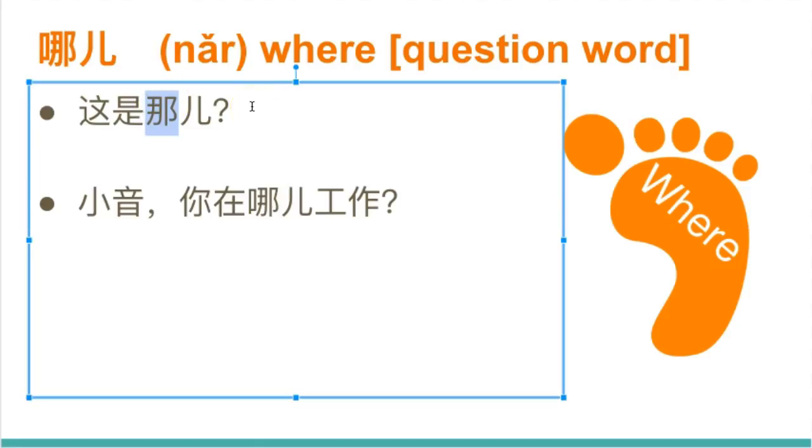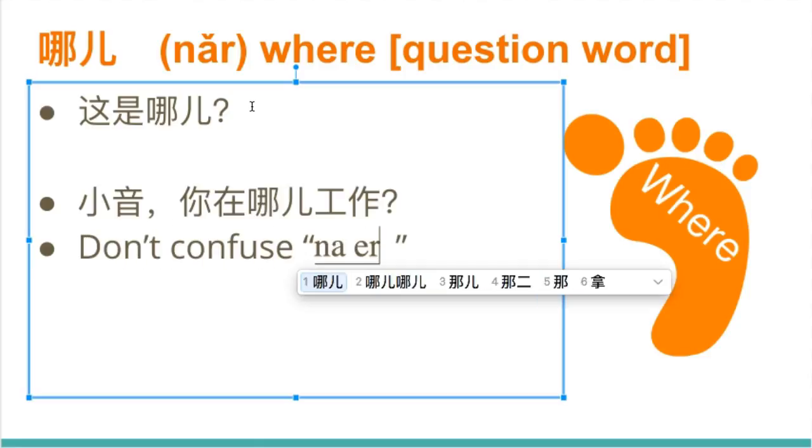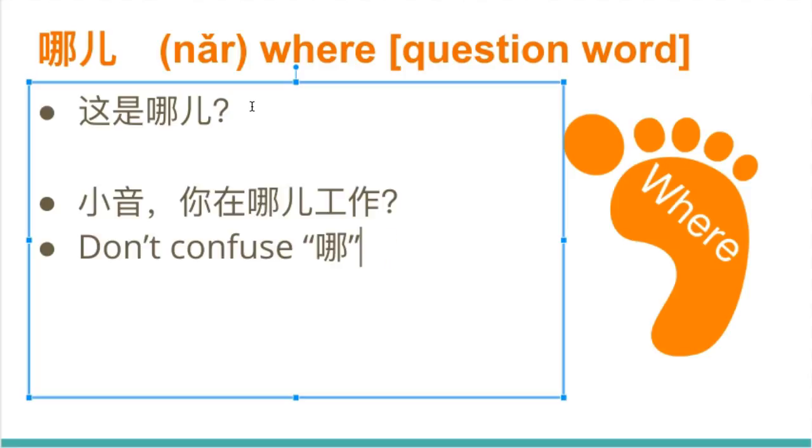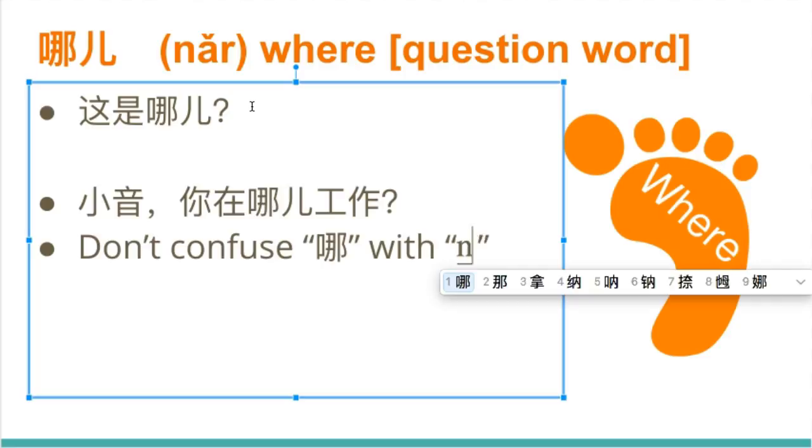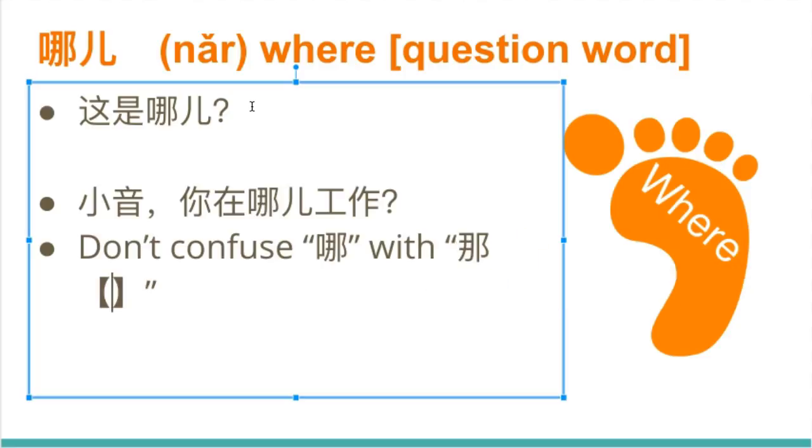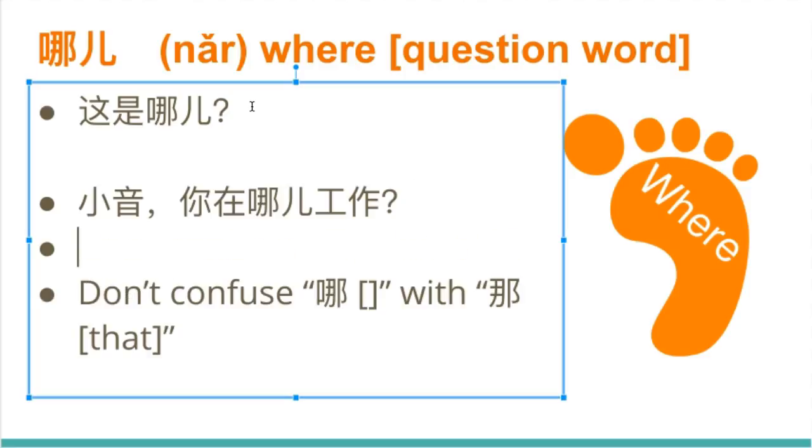This is a typo, excuse me. In fact, let's make this comment: don't confuse nar, or the na in nar, with na, which we've learned before means that, like 那个女孩子很漂亮.